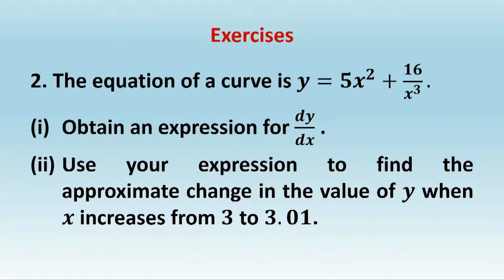Number 2. The equation of a curve is y equal to 5x squared plus 16 over x cubed. Part 1. Obtain an expression for dy by dx. Part 2. Use your expression to find the approximate change in the value of y when x increases from 3 to 3.01.